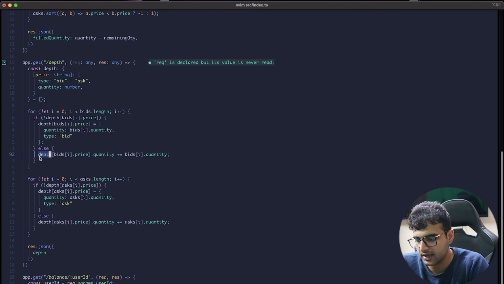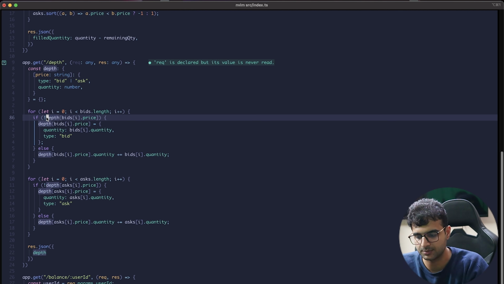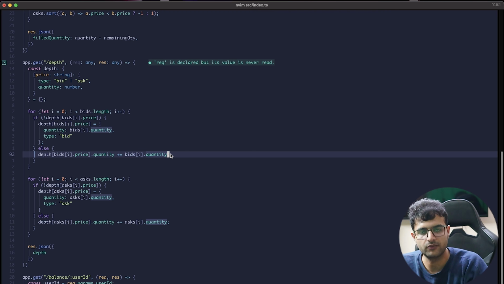Versus if it already exists, if some existing bid already existed at this price, you simply add the quantity of the current bid to the existing bid. You go through this logic again and again. By the end of it, you will have the depths array with a few prices and types of bid and the cumulative quantities at those prices.